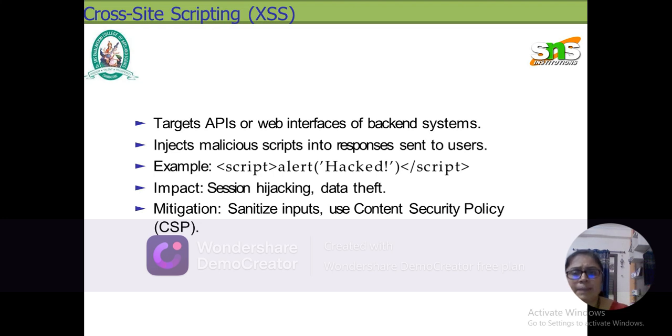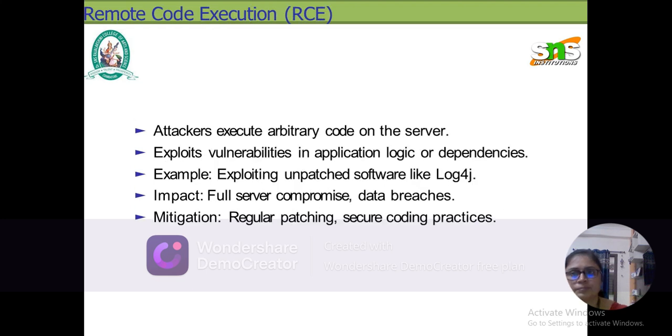The main impact is session hijacking and data theft. Session hijacking means that within a particular time, like 5 seconds or 10 minutes, the session will be hijacked. Mitigation: sanitize input and use content security policy. CSP, that is content security policy, can be used.